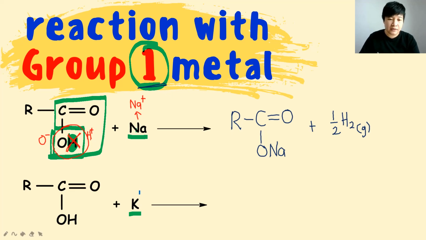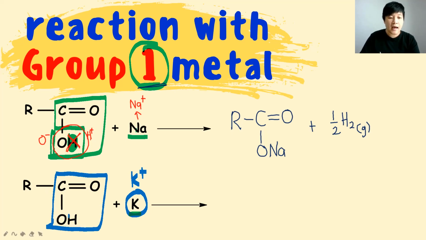Let's see what happened when I react with my potassium. It will be exactly the same because your potassium then will become K positive. Again, we will focus only on your carboxyl group, and in specific, we will actually focus on the OH. In more specific, we will actually focus on the hydrogen on the OH.